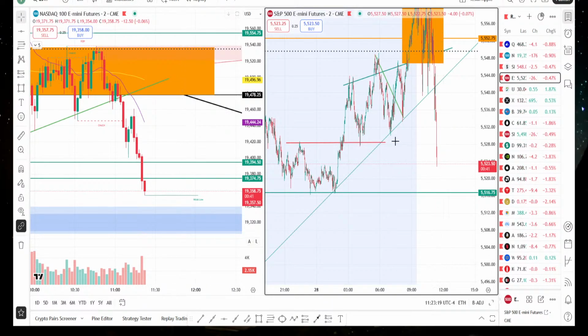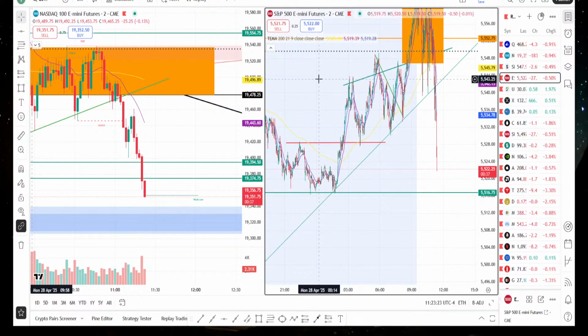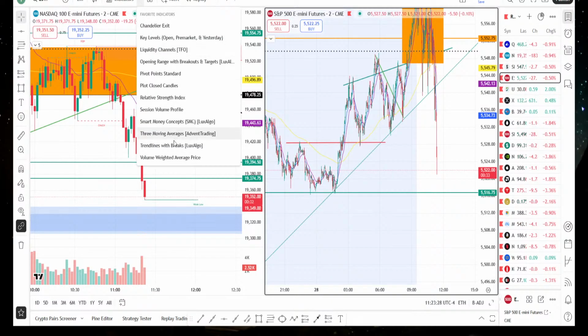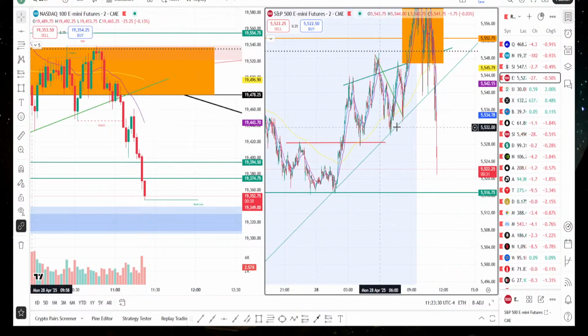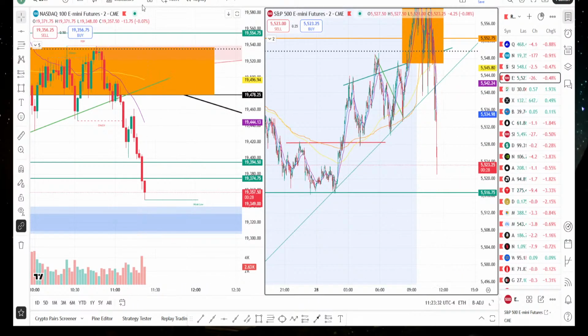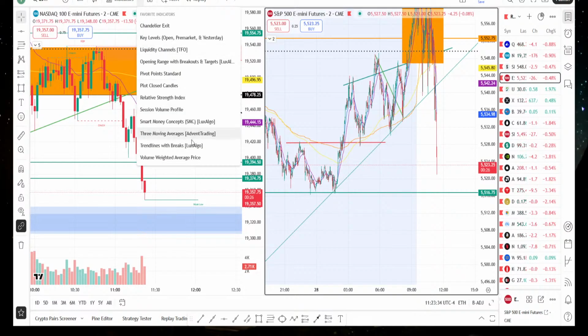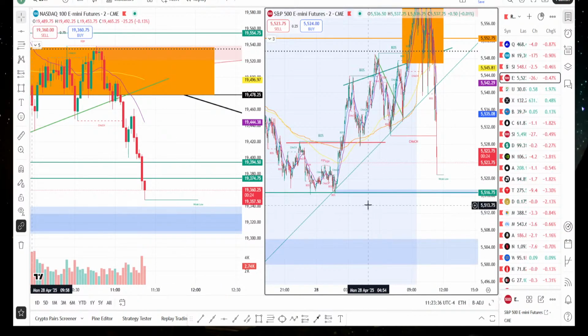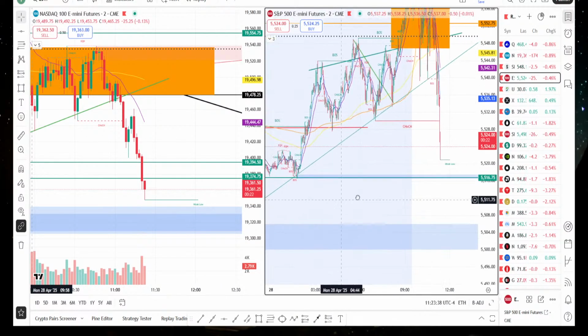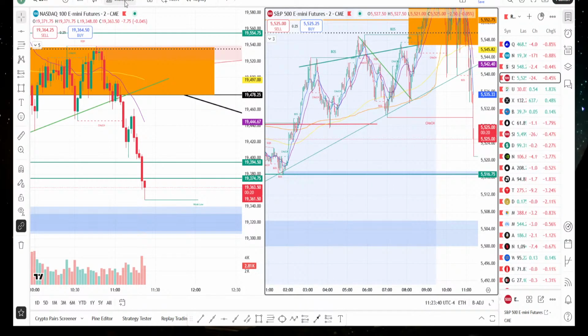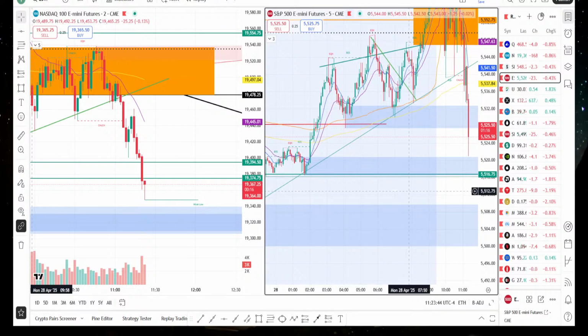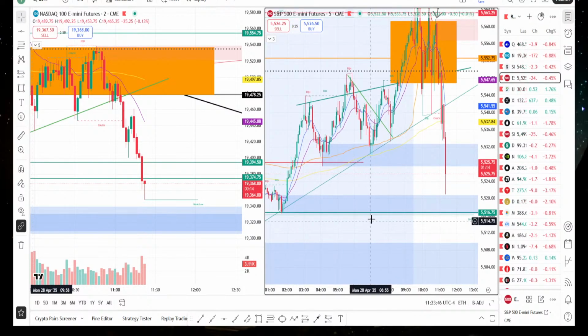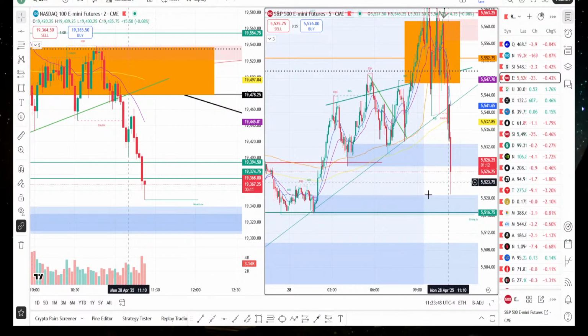Let me put the moving averages on, and mark right there. So supply and demand right here. Put it on 5 minute quick, see if we get a nice clear zone. There we go. That's what we're looking for.